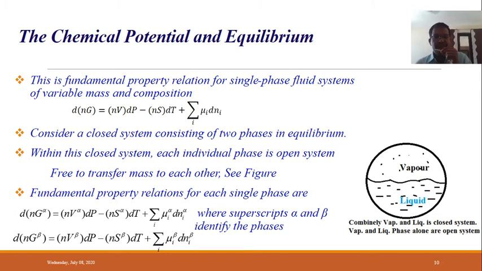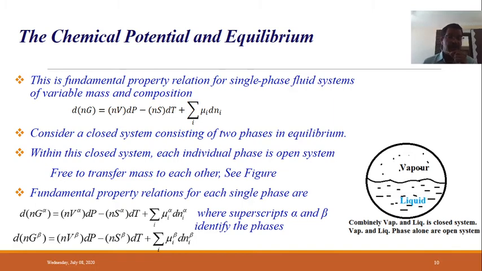No doubt we have seen this fundamental property relation for a single phase fluid. Now we apply it separately for the vapor phase, because it is also a single phase, and the liquid phase, because it is also a single phase. Alpha is treated as the vapor phase and beta as the liquid phase.